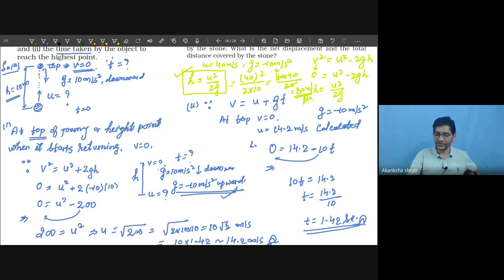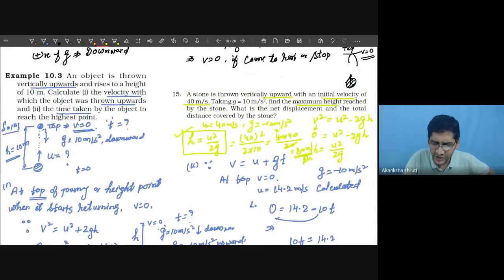This way you can calculate. So the questions are very easy, students. What is the displacement? Obviously, this much is the displacement while it is moving upward. But when it falls back down, the displacement is equal to 0. So what is the net displacement and total distance covered?